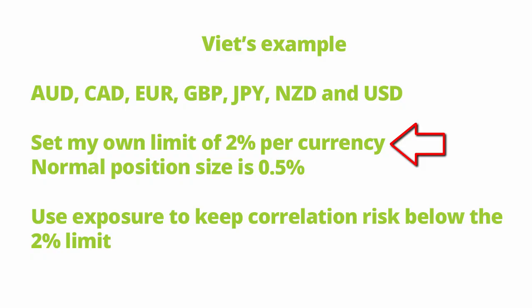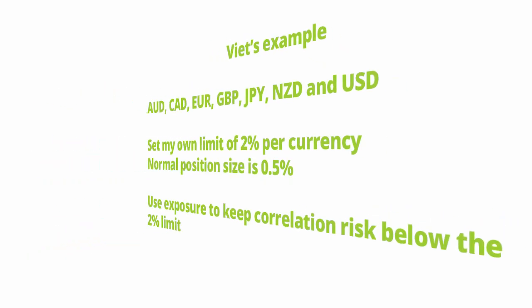Currently, my exposure limit per currency is 2% based on a capital risk per trade of 0.25 to 0.5%. Whenever I'm in multiple trades at the same time, I always make sure that I don't go over the limit on each currency. Let's take a look at an example to see how my model works.